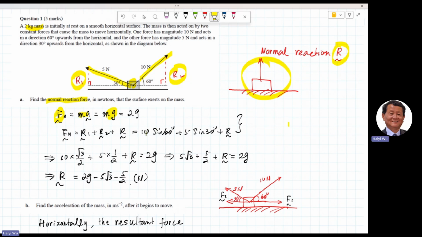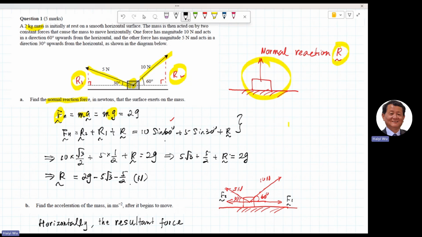The first one, R1, is easy to work out, which is 10 times sine 60. Sorry, that's R2, my apology. I should have put R2 first. It doesn't matter which one comes first.